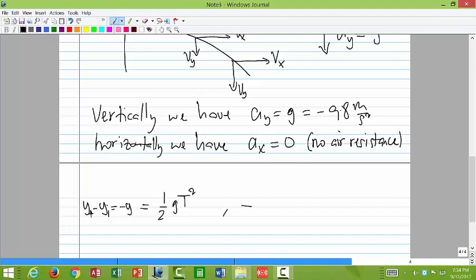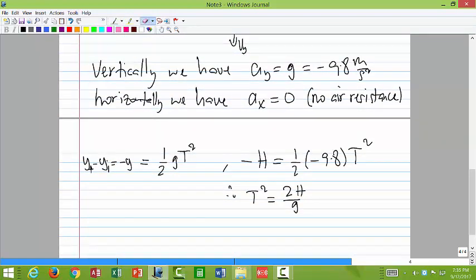We can say that negative h is equal to half times negative 9.8 times t squared. Therefore t squared is equal to 2h over 9.8. So t is equal to just the square root of 2h over 9.8. I've taken away the negative sign because I've done the subtraction to go down.